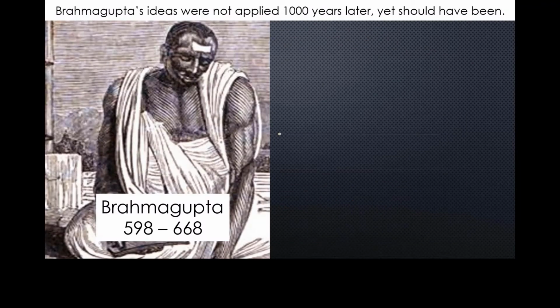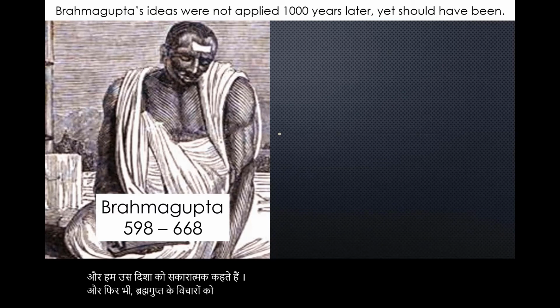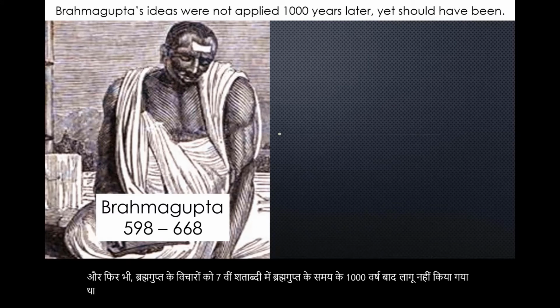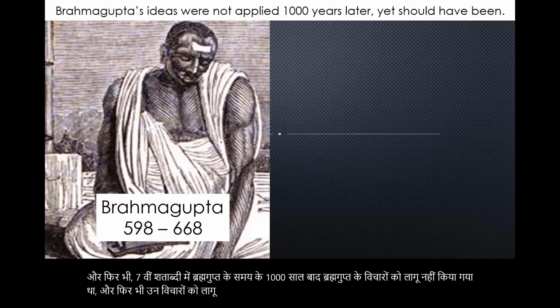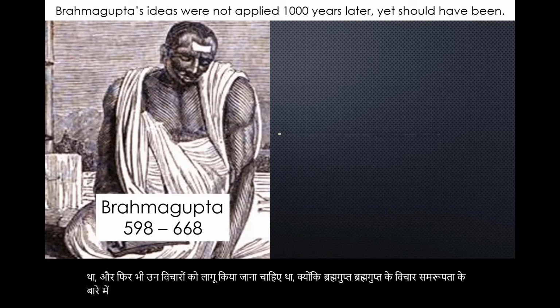And yet Brahmagupta's ideas were not applied 1,000 years after the time of Brahmagupta in the 7th century. And yet those ideas should have been applied, because Brahmagupta's ideas were about symmetry. His ideas of mathematics were empirical, based on scientific observations of how the universe worked.